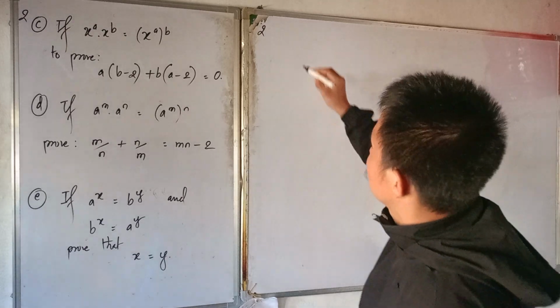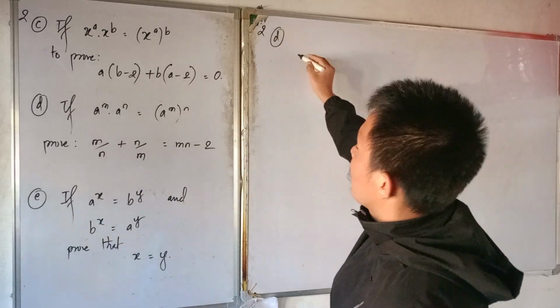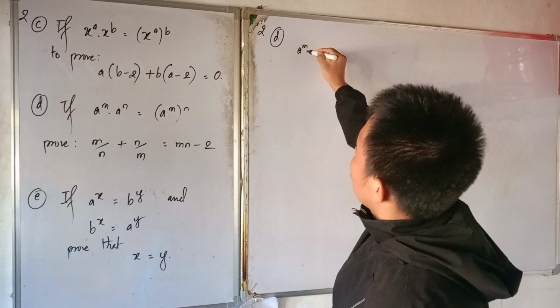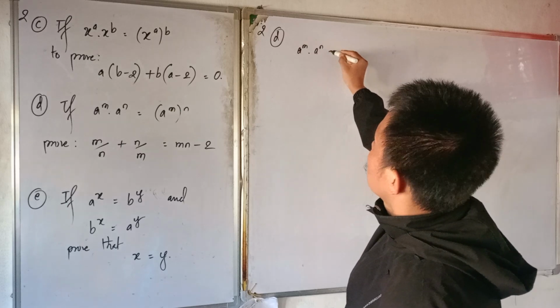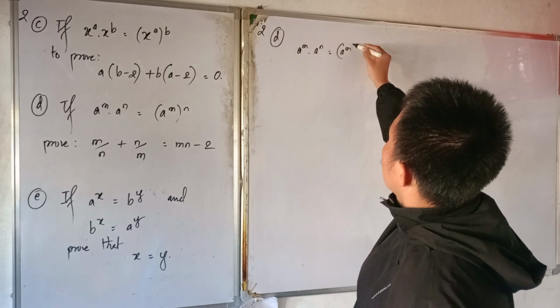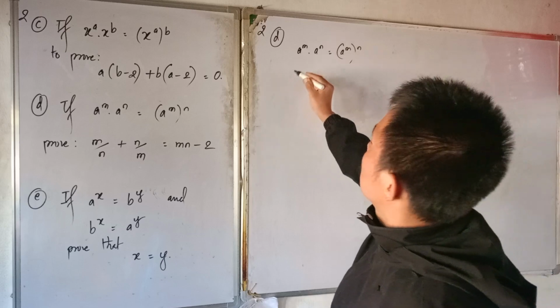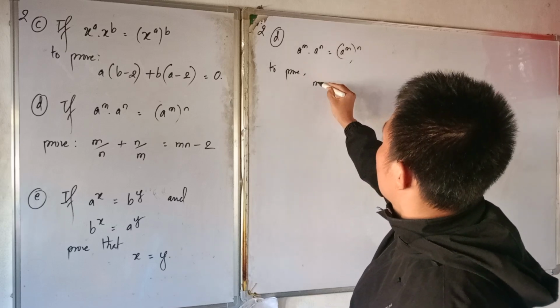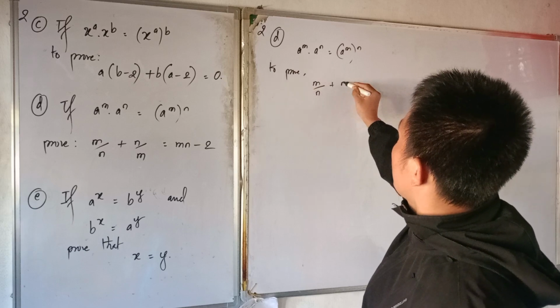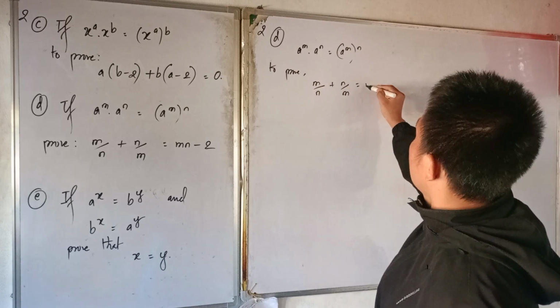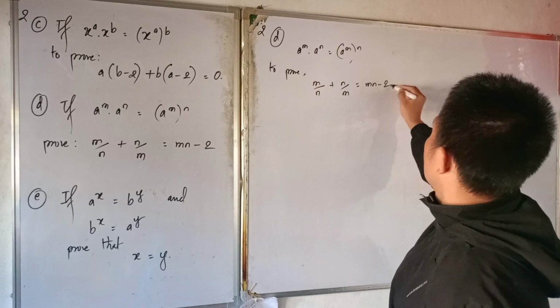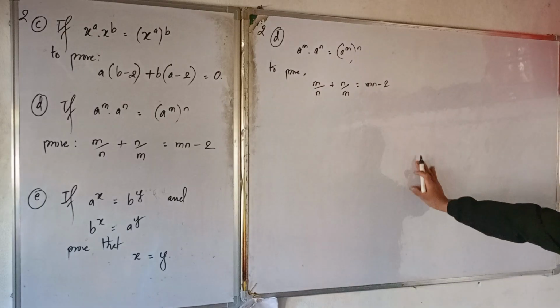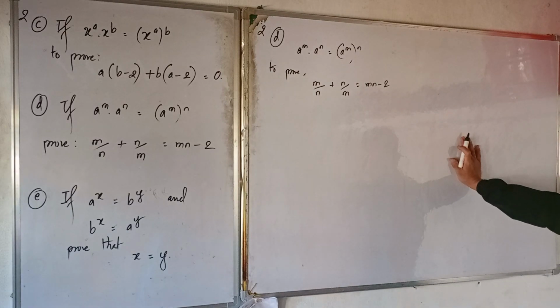In 2D we have a^m times a^n equals a^(mn), and we have to prove that m/n + n/m = mn - 2. This is the situation we have here.